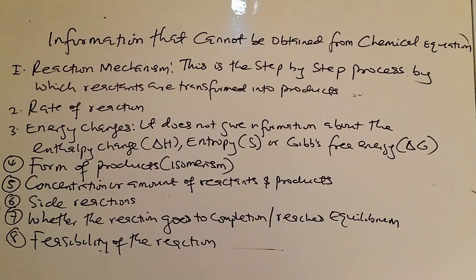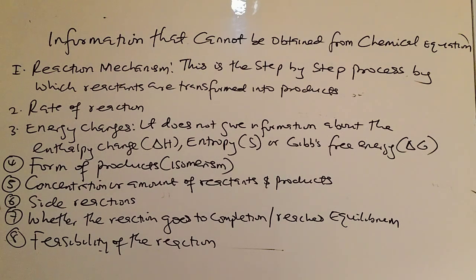Number 4, form of products. This is with respect to organic chemistry, isomerism. A balanced equation does not actually indicate the form of the product. For instance, we may have a reaction between butene and chlorine molecule.